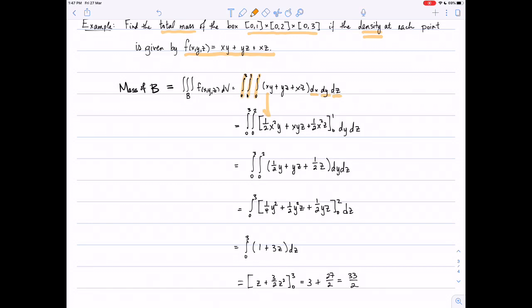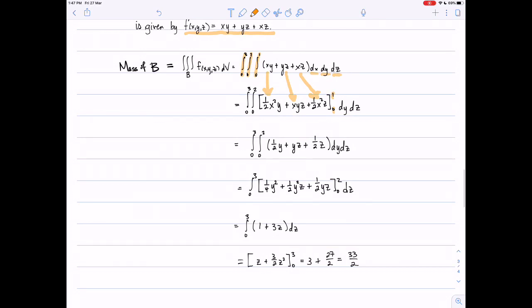So we should see here, holding y constant, 1/2 x squared y. Y and z are constant, so x, y, z, again holding z constant. There's our antiderivative with respect to x, and we're running that from 0 to 1. So by the fundamental theorem, you're doing top minus bottom, and here is the result when you do that.